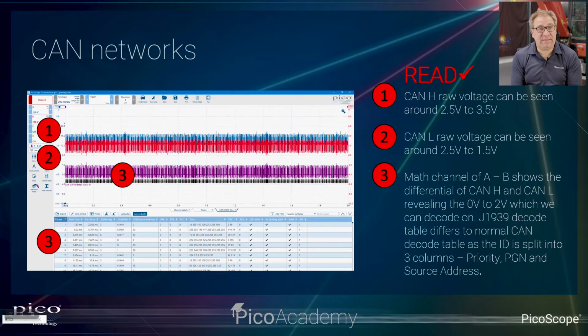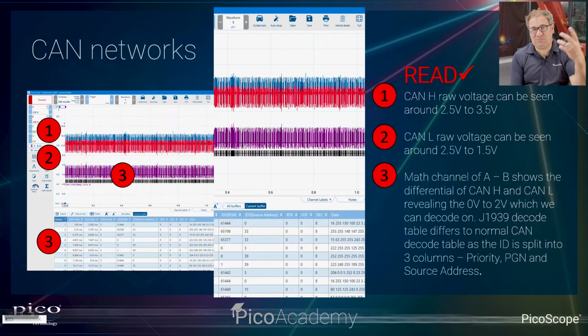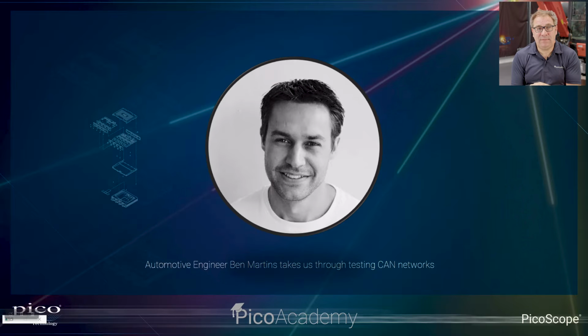So what you see there in the bottom, and I've just zoomed in a little bit just so you can see, and Ben's going to take you through this in detail, but yes, you can decode the CAN data and you'll get all that information there in a nice table form below, and you can also export that off the system if you need to. So really, really powerful tool and functionality within Pico, being able to view the CAN networks, but more importantly, being able to decode it. Right, I'm going to pass you over to Ben now.